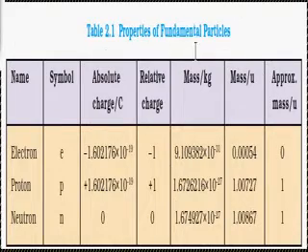So fundamental particles in an atom are electron, proton and neutron, which are denoted by the symbol e, p and n. Charge on electron is minus 1.602176 into 10 raised to minus 19, and charge on proton is the same, but it is plus 1.602176 into 10 raised to minus 19, whereas neutron is neutral.